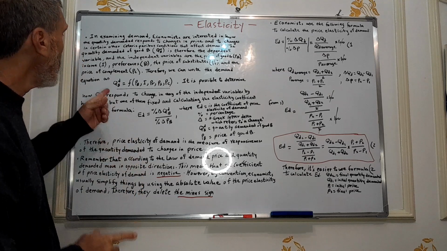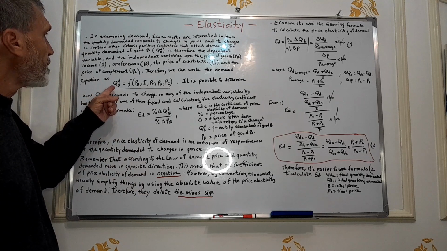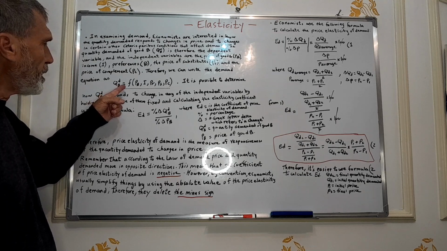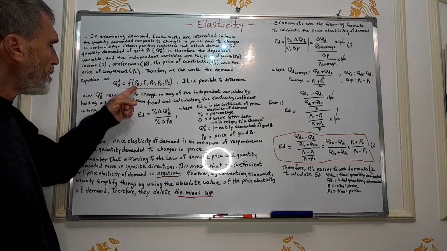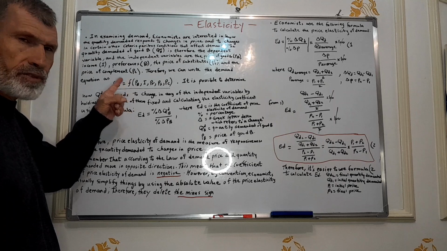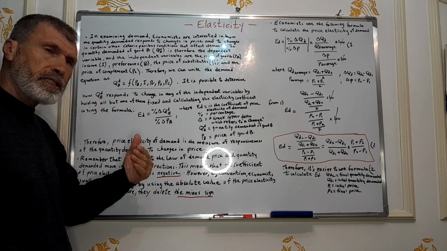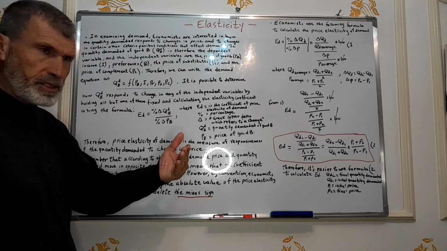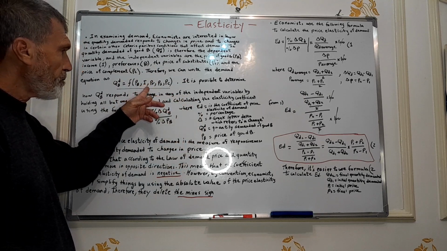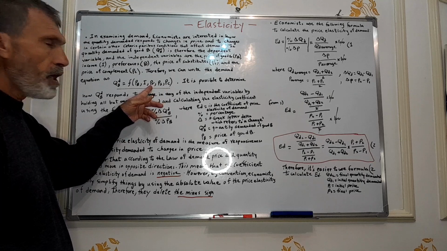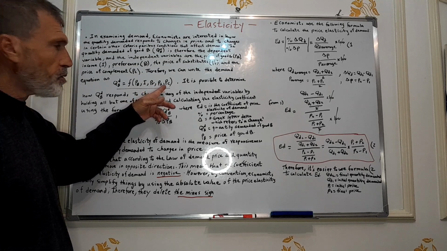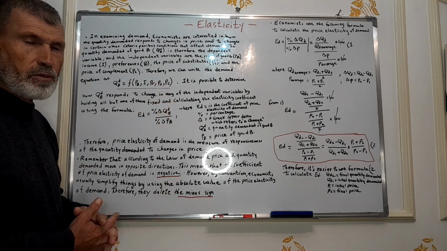As you can see, for instance here, the quantity demanded of good B is a function of the price of the good itself plus ceteris paribus factors or conditions, such as the income, I is income, PR is preferences, PS is the price of a substitute, PC is the price of complements.